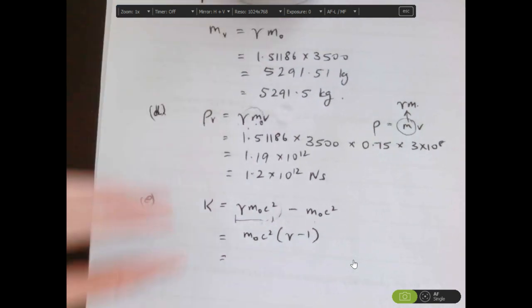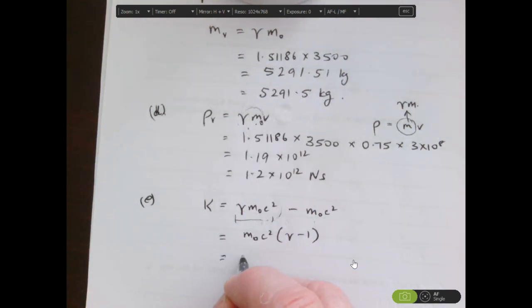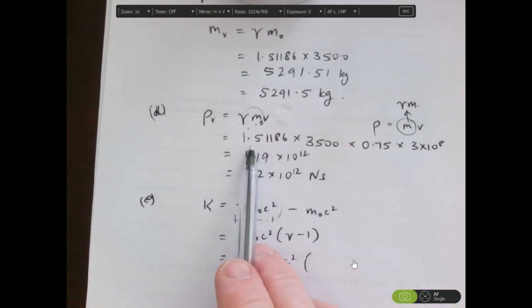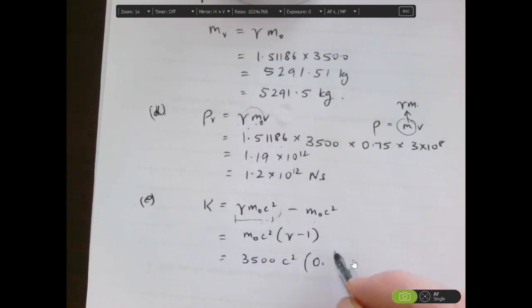Rightio, so putting the values in, we've got 3,500 times c squared. Gamma minus 1. Now the gamma is 1.511, so it's going to be 0.51186.